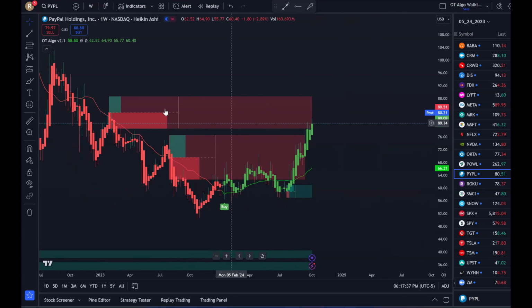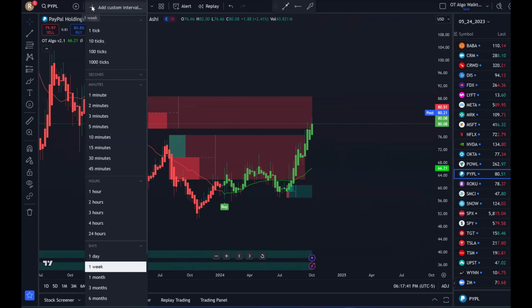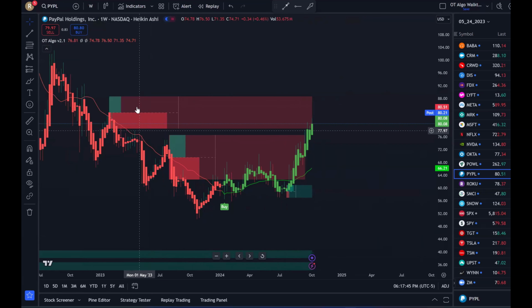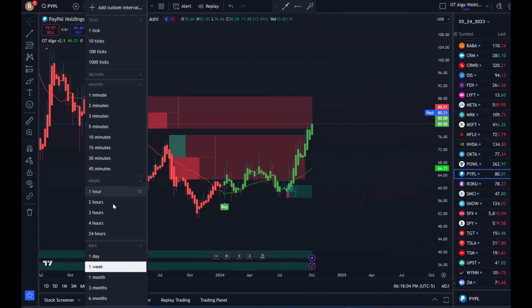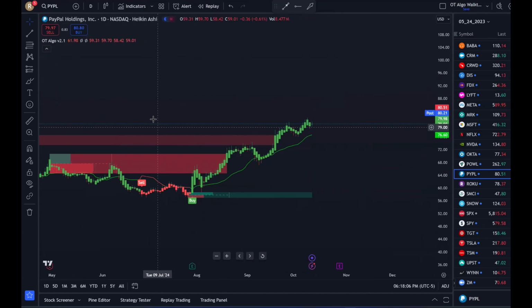When you change the filter to the 1 week, the daily chart or the weekly chart, you see the order blocks being formed. That's where it went previously and came back, some kind of retest level. So you can always call out that it's going to reach that level. And if the trade is in our favor and strong, it's going to cross that and go in the money for us. That's the PayPal strategy which I used.